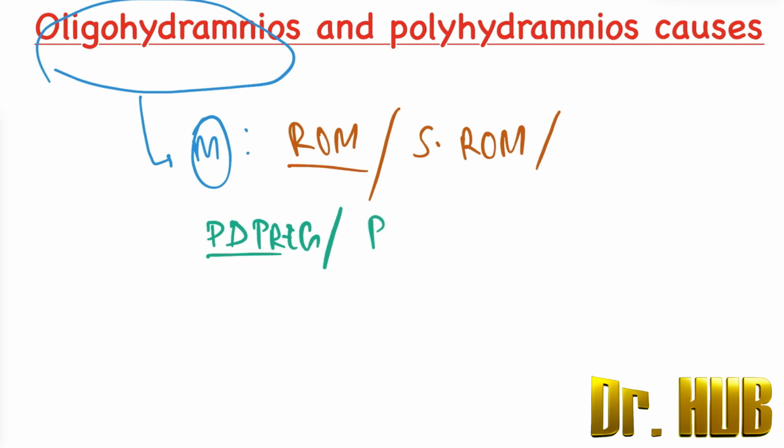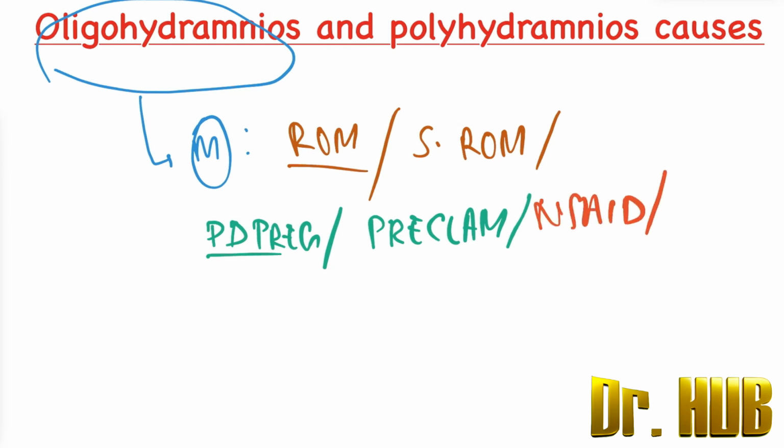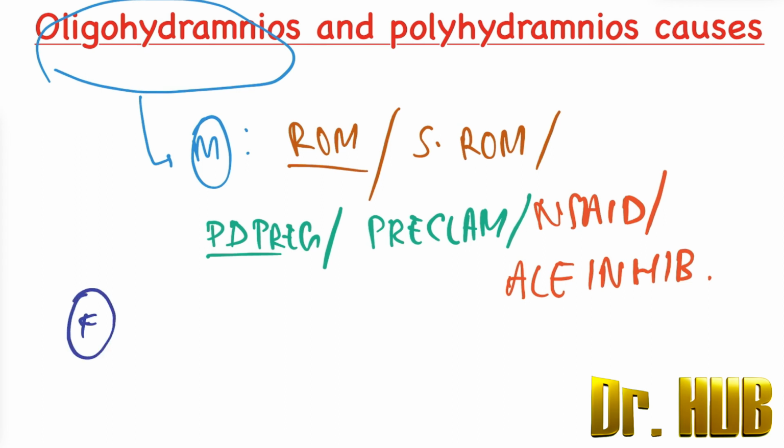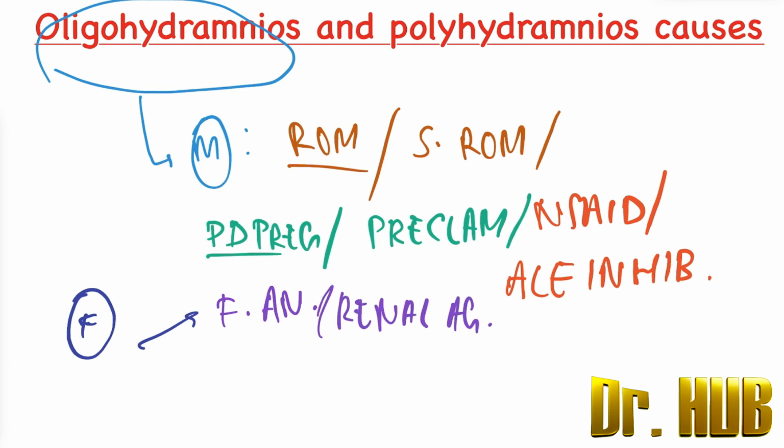And there is also preeclampsia. Next is the presence of NSAIDs, as well as ACE inhibitors. Then let's move on to the fetal causes. The fetal causes can include fetal anomalies and renal agenesis.